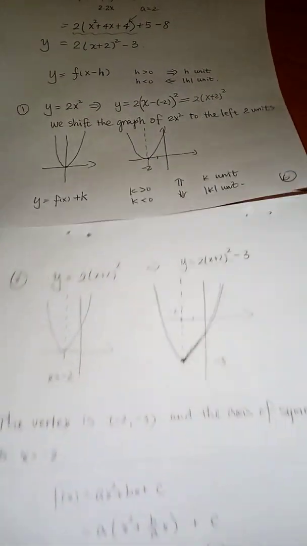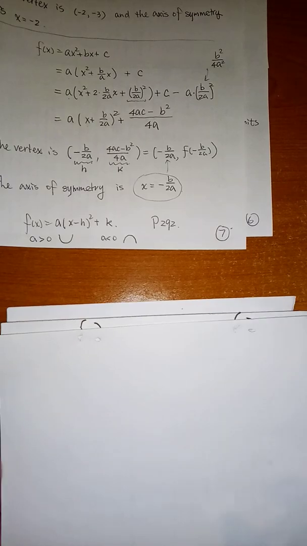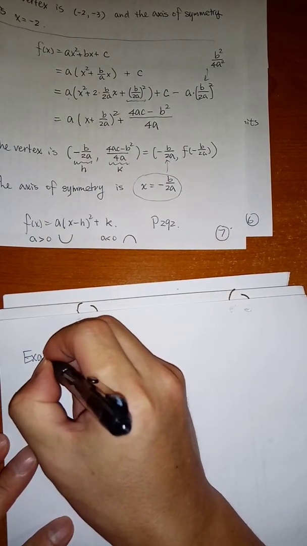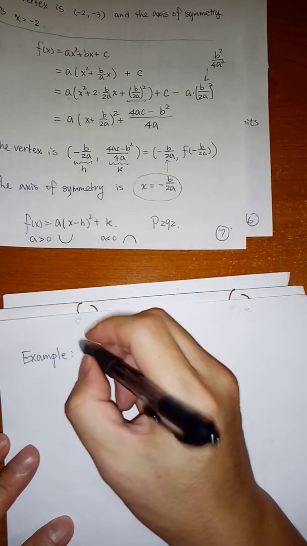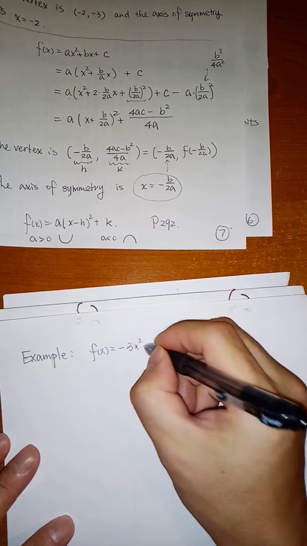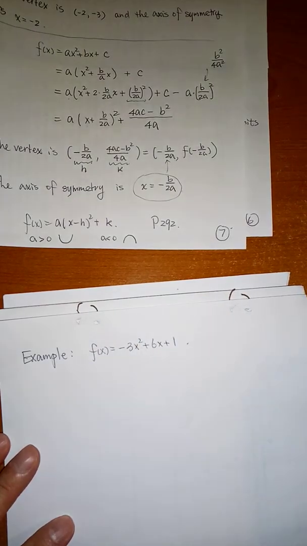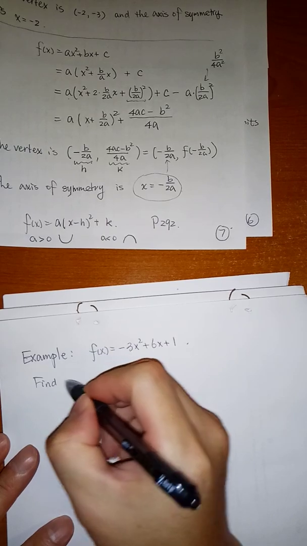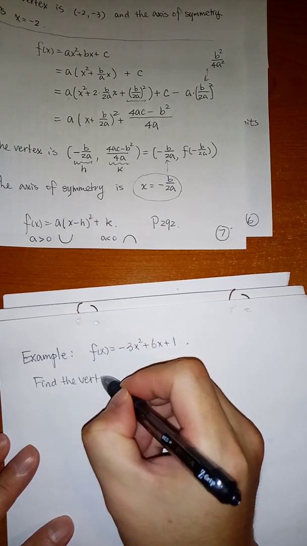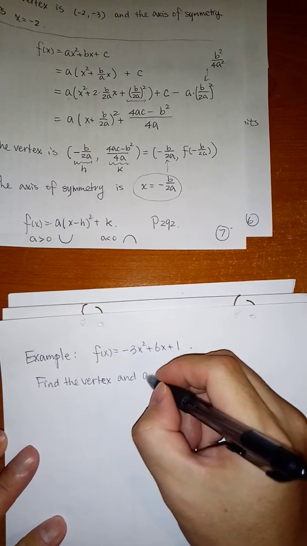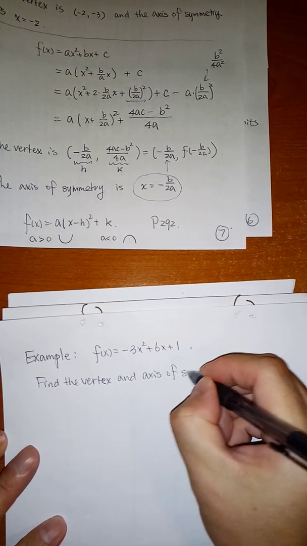Okay? Let's see one example. Assume we have this function f(x) is equal to negative 3x squared plus 6x plus 1. Okay, so find the vertex and axis of symmetry.